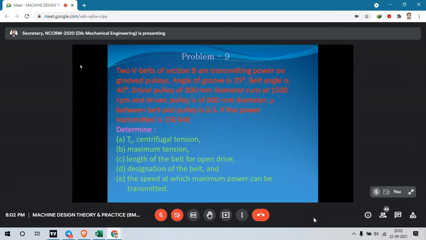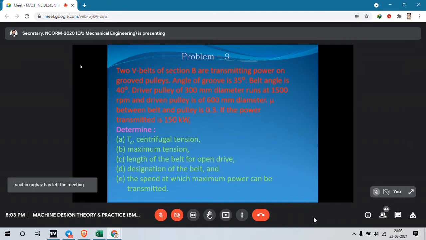Two V belts of a section are transmitting the power on the grooved pulley. The angle of the grooved pulley is 35 degrees. The belt angle is 40 degrees.